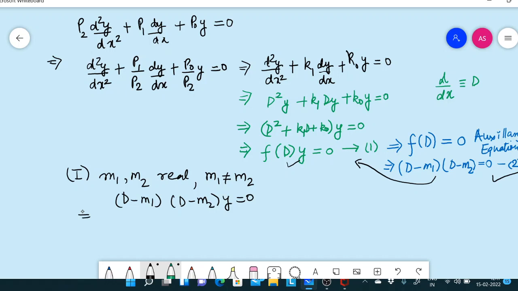So, this will imply either (D minus m1) on y is equal to 0 or (D minus m2) on y is equal to 0.